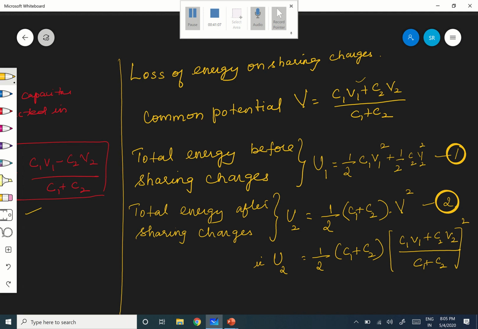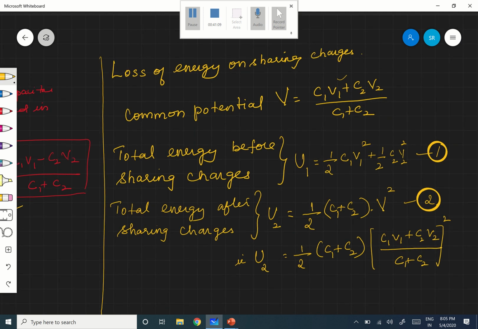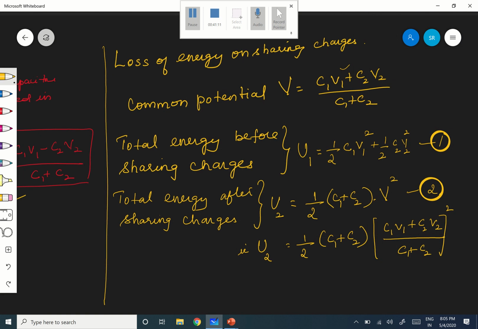Now what you have to do is find the loss of energy on sharing charges. If it is losing energy because of sharing, U1 should be more than U2, because after sharing, energy will be less. Some of the energy is lost in the form of light or heat. To prove it, find U1 minus U2.